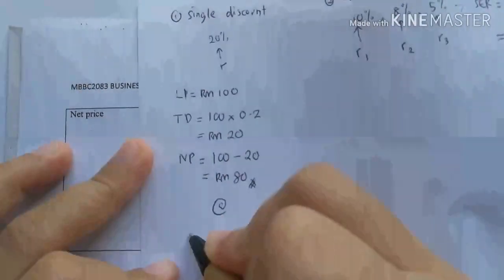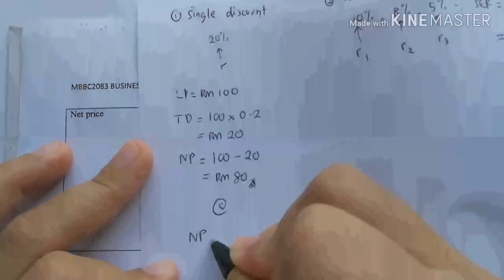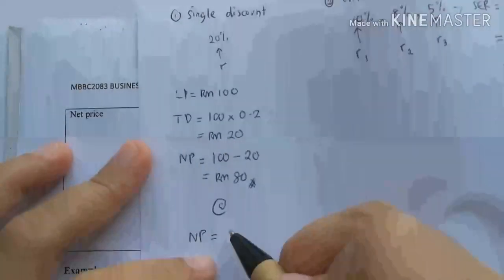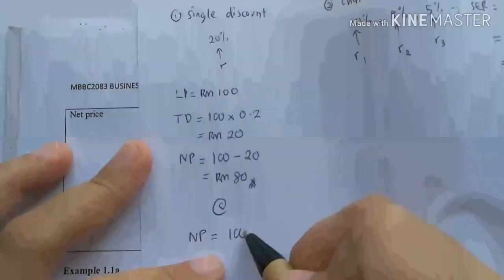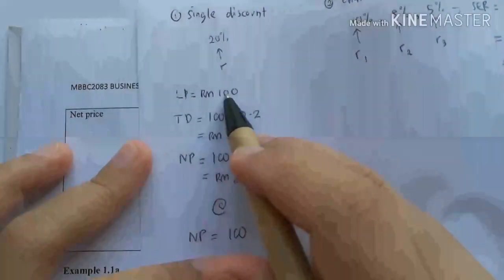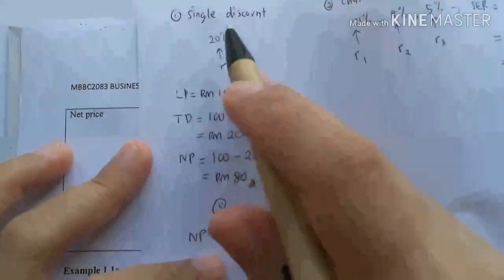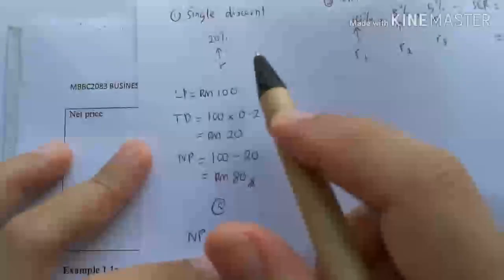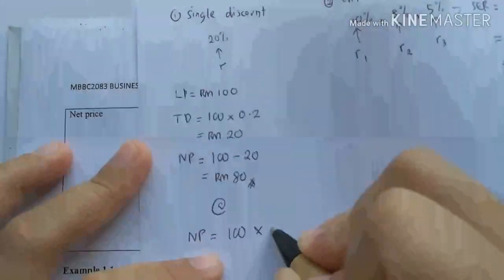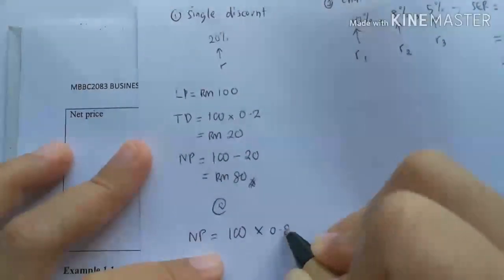So, NP, the price after the discount, equals 100 ringgit, which is the original price of the item. After the 20% discount, you only have to pay 80% of them, times 80%, which is 0.8.